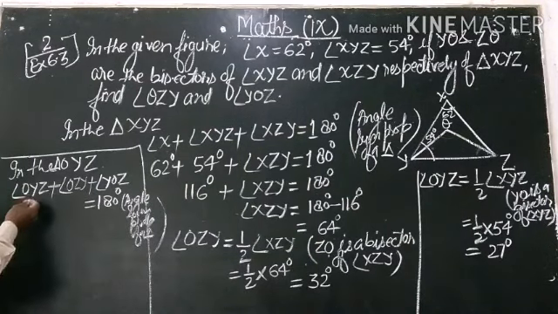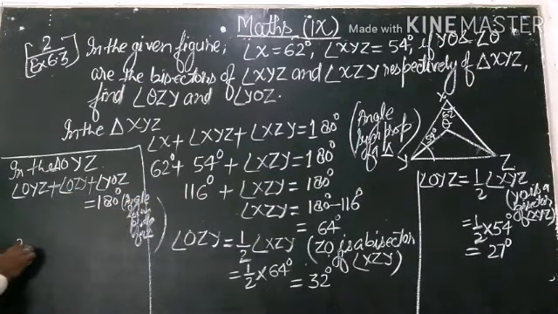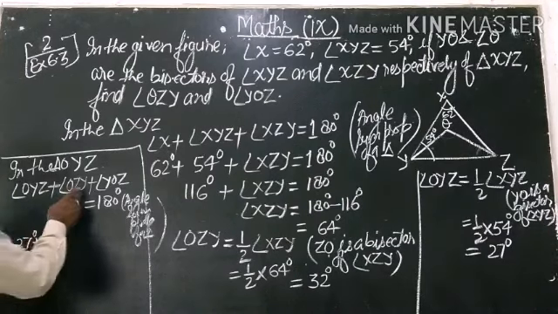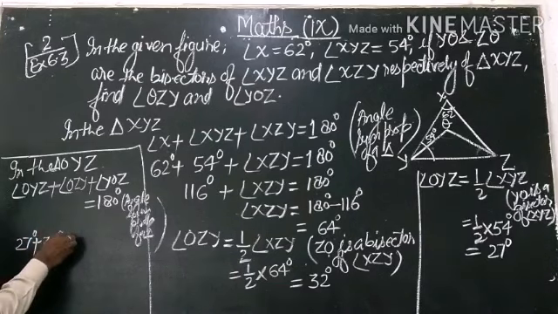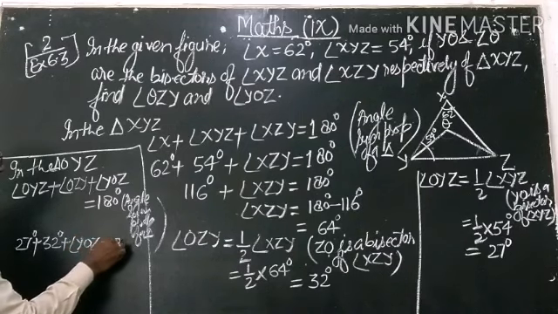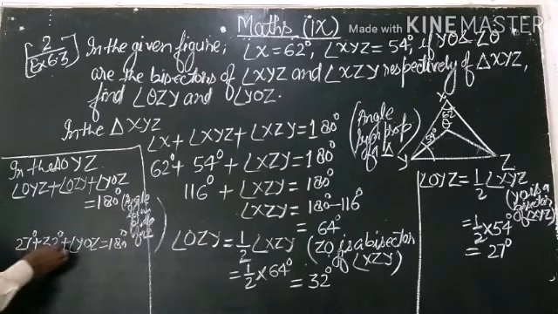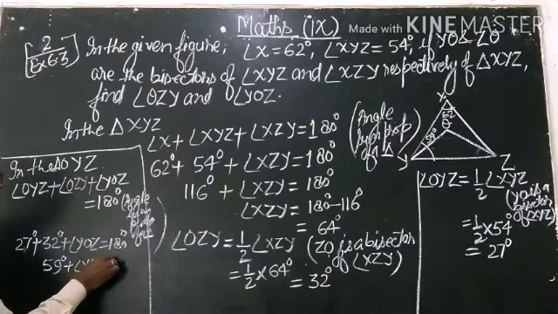Then angle OYZ is 27 degrees plus angle OZY is 32 degrees plus angle YOZ is equal to 180 degrees. These are added here: 59 degrees plus angle YOZ is equal to 180 degrees.